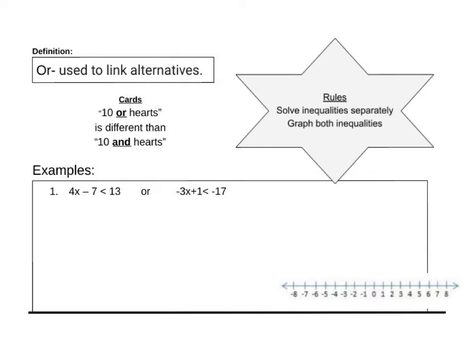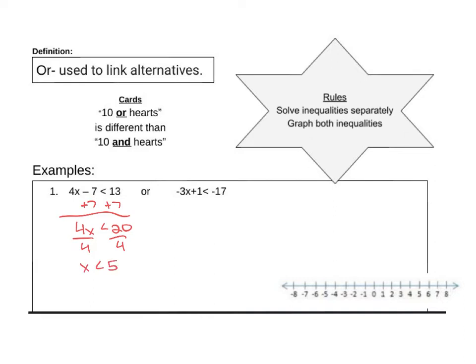So when we start solving, the first thing we want to do is add 7 to both sides. This is going to allow us to work through the problem. Dividing by 4, that's going to give us one part.